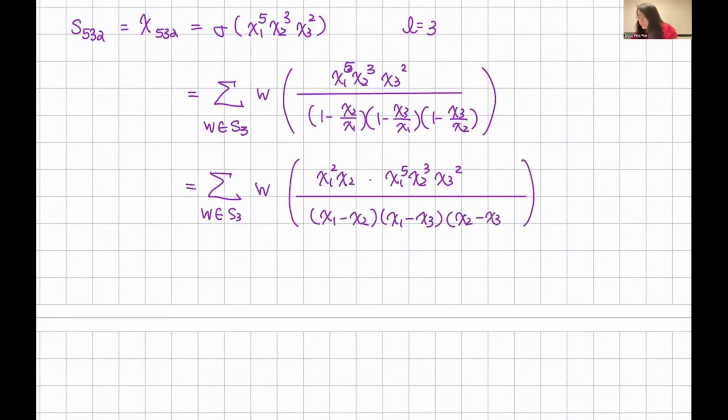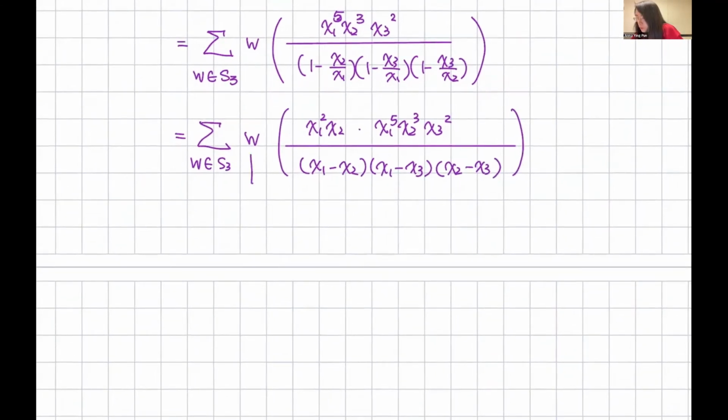Okay. And then you just symmetrize everything, meaning that, for example, if this W is just the identity, then you get this whole thing.